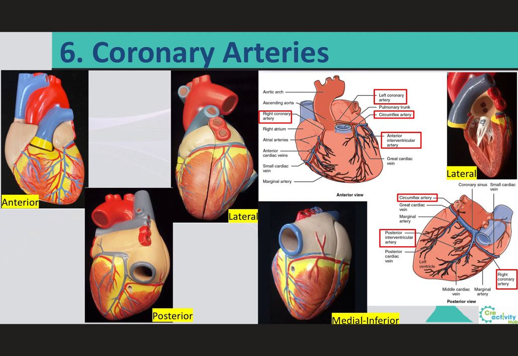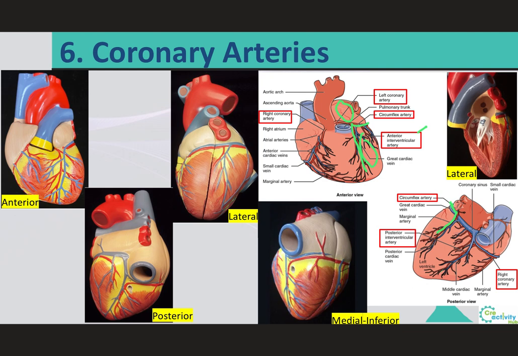The part that goes anteriorly down between the ventricles will be called the anterior interventricular artery, and the other part will go around the left atrium this time, and it will run between the left ventricle and the left atrium. And it will go all the way around to the posterior side where it will start to go down and branch out.